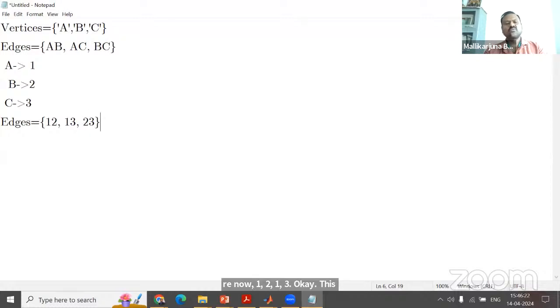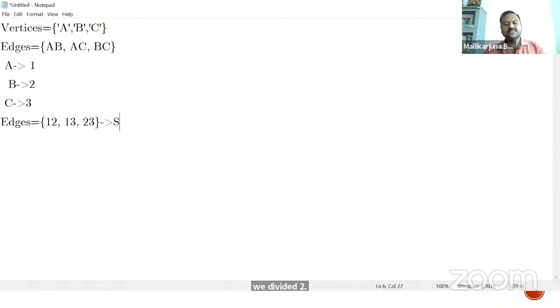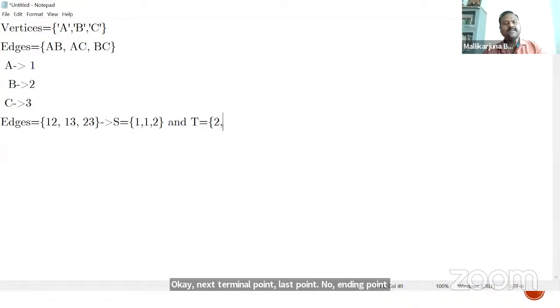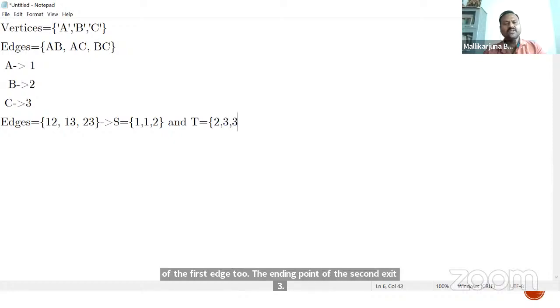Starting point of the first edge is 1, of the second edge is 1, of the third edge is 2. Next, the terminal points: the ending point of the first edge is 2, the second edge is 3, and the third edge is also 3.